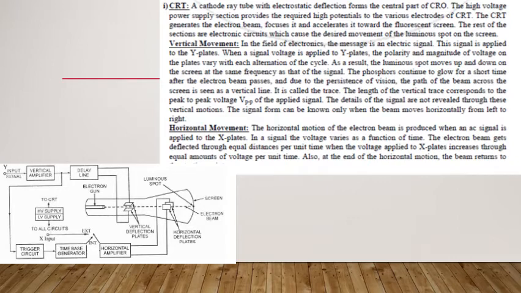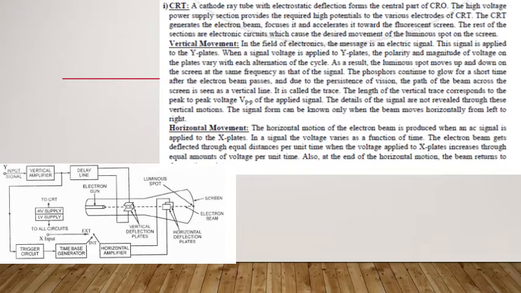First and most important part, which is visualized by everybody, even by a layman, is the CRT, cathode ray tube. We have discussed cathode ray tube in detail in the last lecture. We have devoted one specific talk on this.